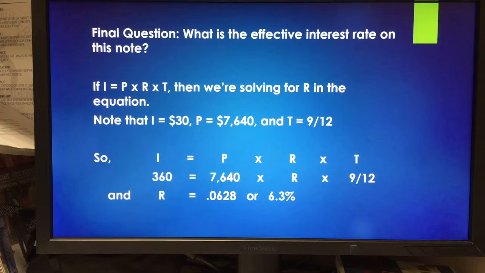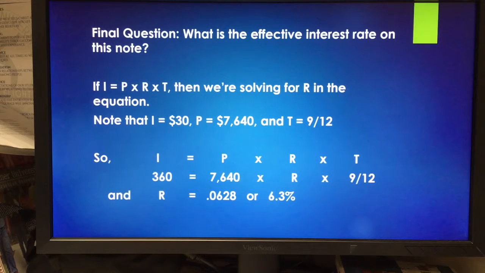The interest of $360, that 6%, of course, was imposed on the full $8,000. Not the amount that the company received. That's not the way that we normally calculate interest. The company didn't receive $8,000, nor did it get credit for $8,000. You got credit only for $7,640. So if we kind of back into the interest rate here, we see that the company paid interest of $360.